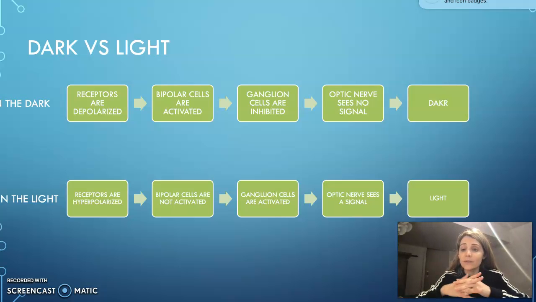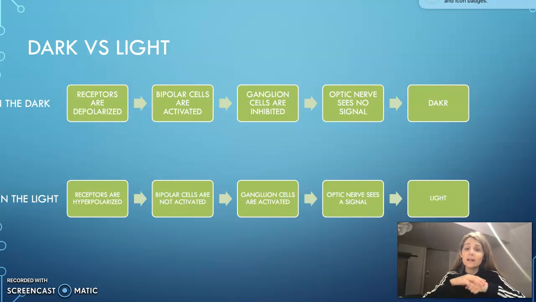At dark, when there is no light at all, the receptors inside the rods or the cones are activated, which means that because the channels are open, because there's Na+ flowing, there is a depolarization, and they're activated.